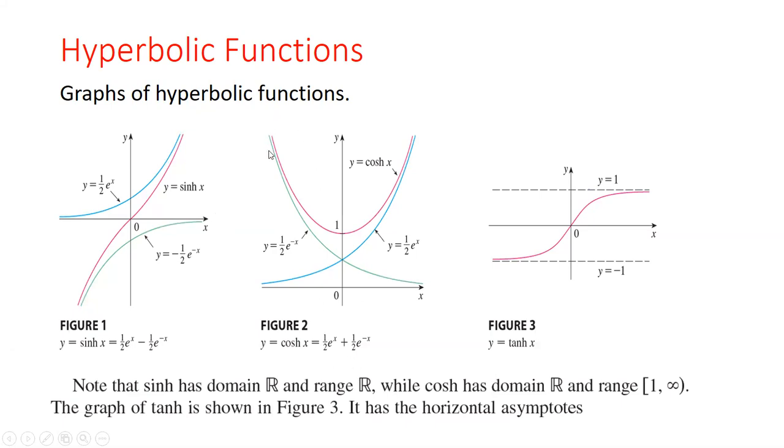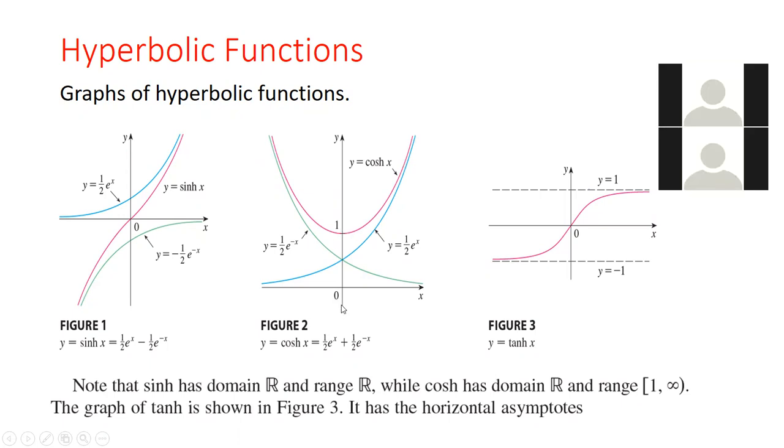Now, when you look at the cosh function, the x values are all defined, but the y values are defined only on a specific part. That is the part from 1 until positive infinity, because just under 1, we do not see anything else, right?